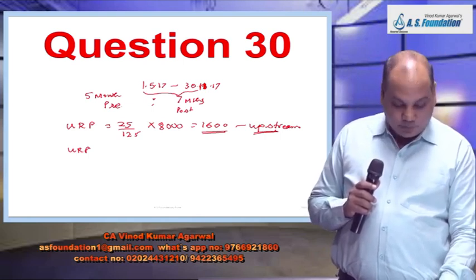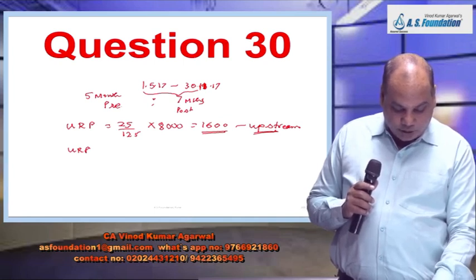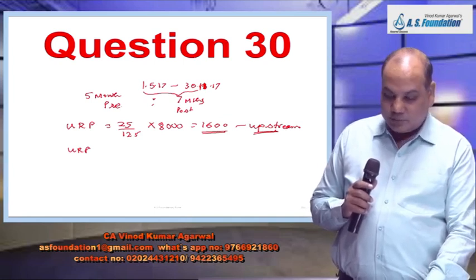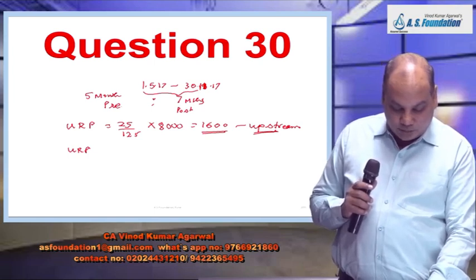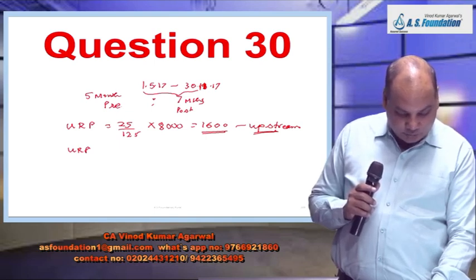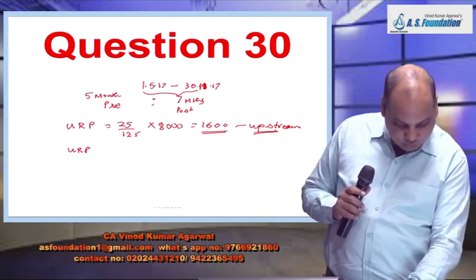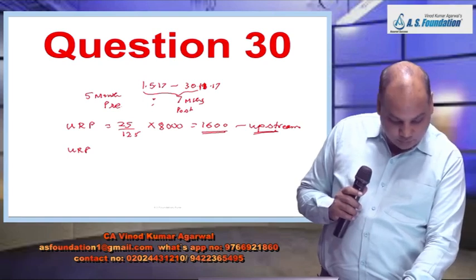S Limited earned a profit of rupees 9,000 in the year ended 30th November 17. So you go to the SOFP of S. Retained earning is how much there? Is it 69,000?